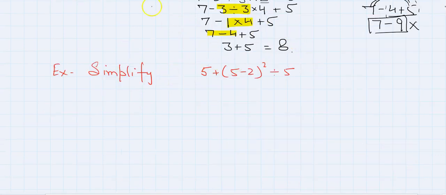Let's simplify this question. So our rule is BIDMAS. So first we are going to solve the bracket. This is the bracket.